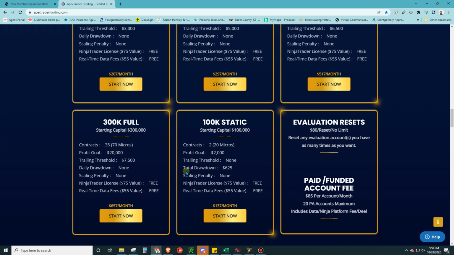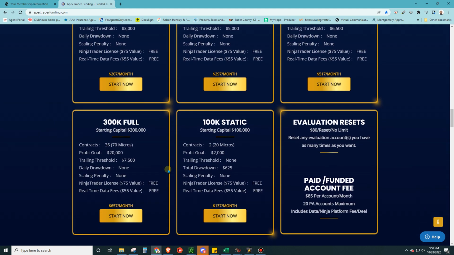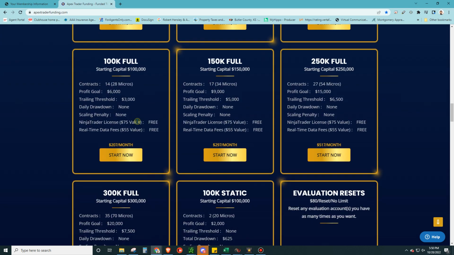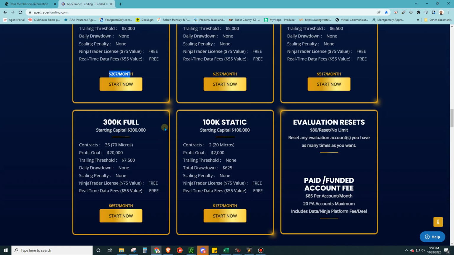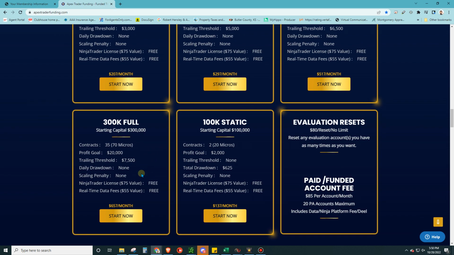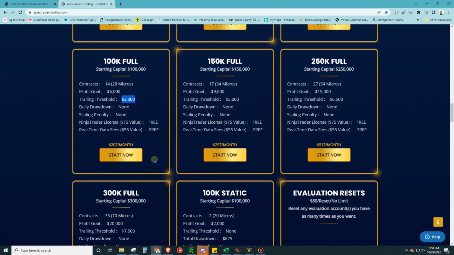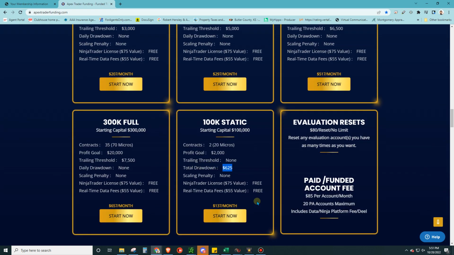So always try to keep your account at its all-time highs, because if it drops, you get closer to blowing the account. So very, very risky, but they're a little bit cheaper in that you get a lot more freedom with the trailing. For example, look at the 100K here, you've got a $3,000 trailing, whereas this one, you've got a $625 one. So that's the two differences as far as having a trailing and just having a total drawdown.